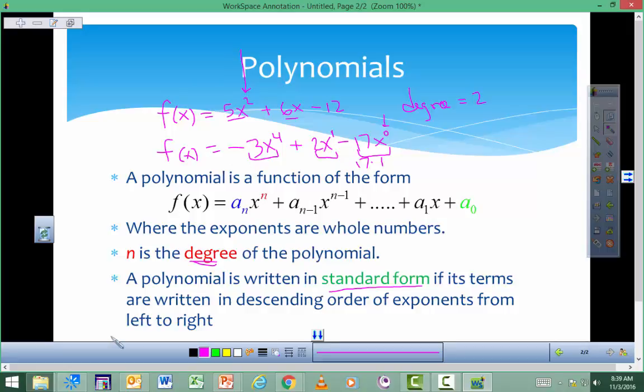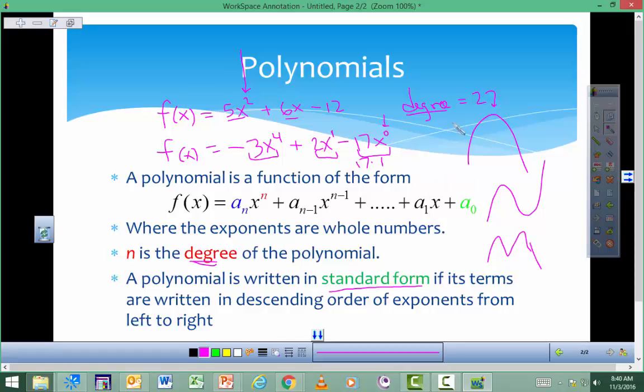Once we know something about the degree, then we know something about how many turns it takes. We learned about parabolas that they could have one turn. Does that make sense? And that's with degree equal to 2. If the degree is 3, for example, then there could be at most 2 turns. If the degree is 4, then you might have 3 turns.